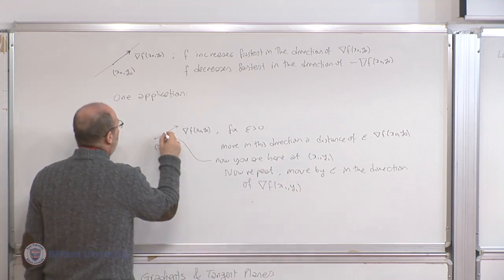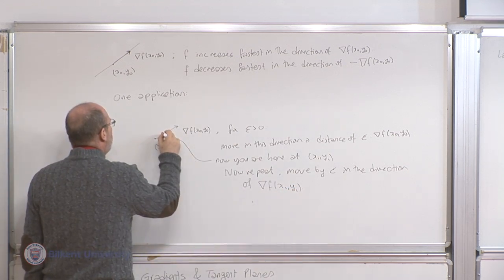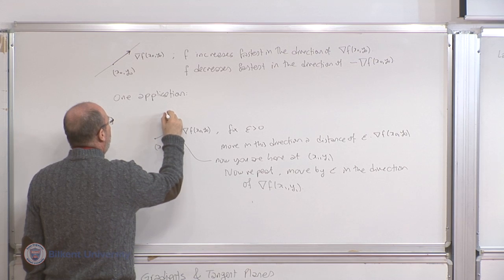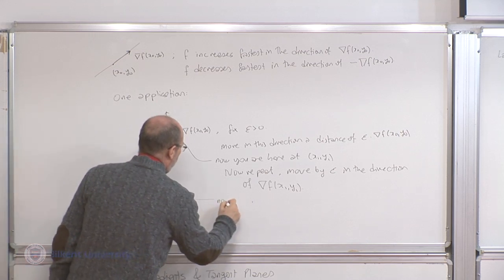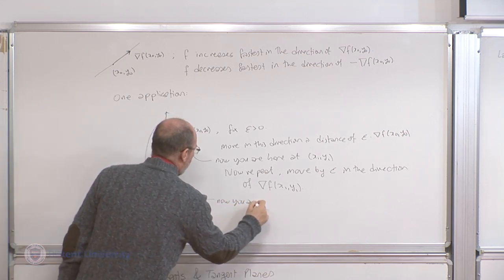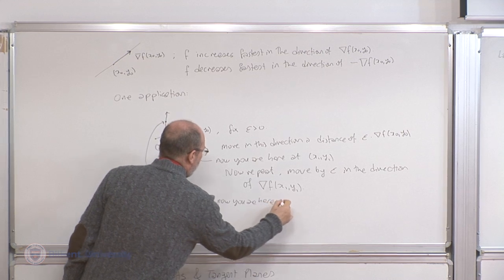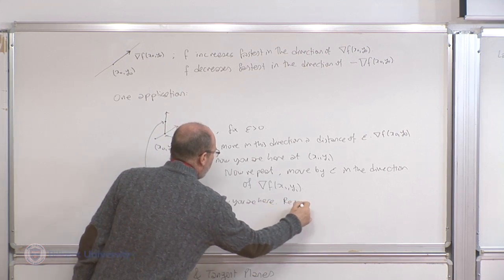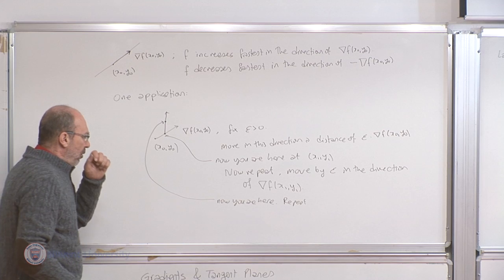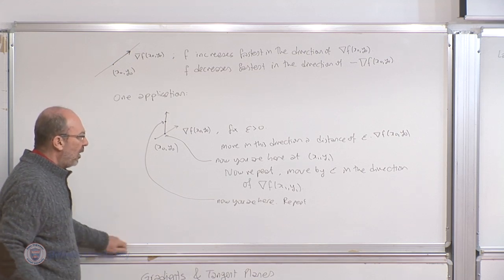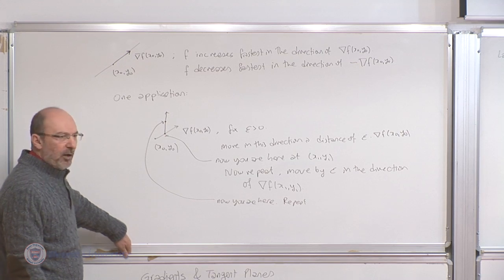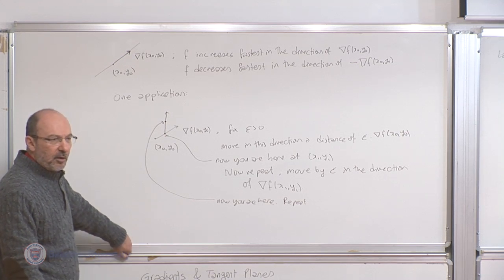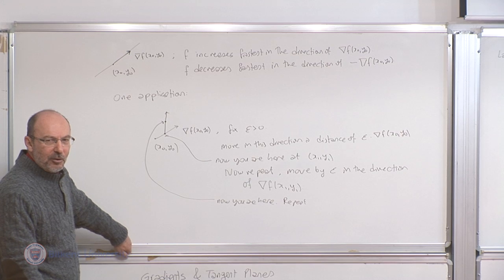Okay, so let me make this drastic. It doesn't generally change this much, but now the gradient is in this direction. Next time you are here. Now you are here. Okay, so let me say repeat. Well, again, if you want to be a good programmer, you have to put a stopping criteria for this, but in normal life you don't.